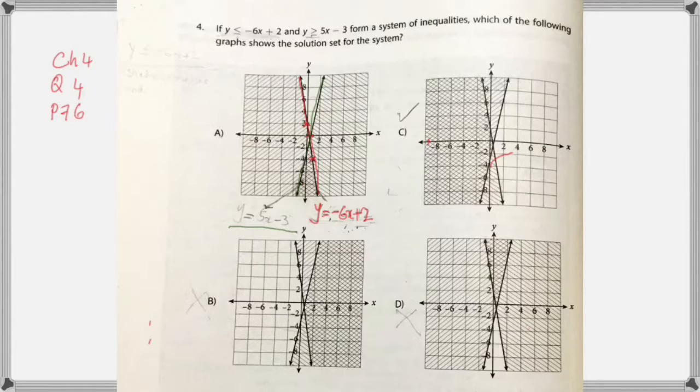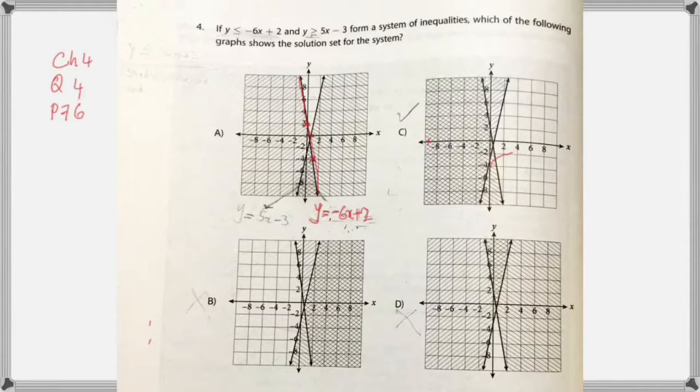Below a line means below this line, correct?